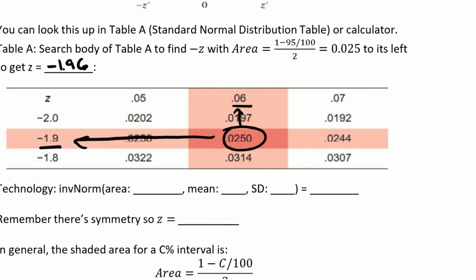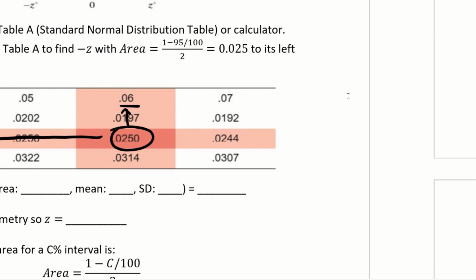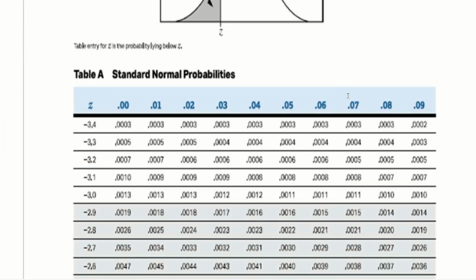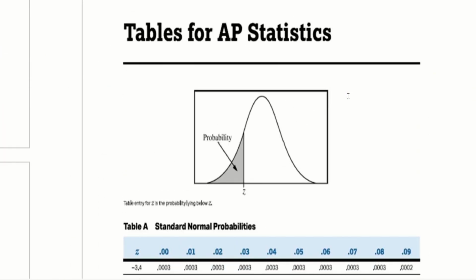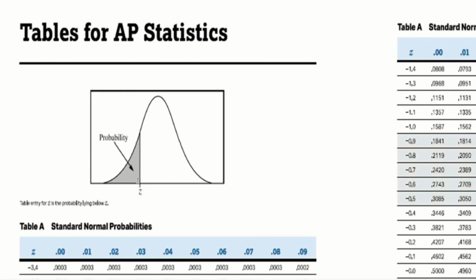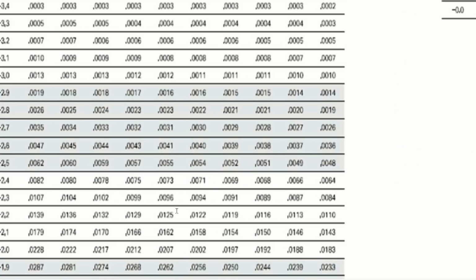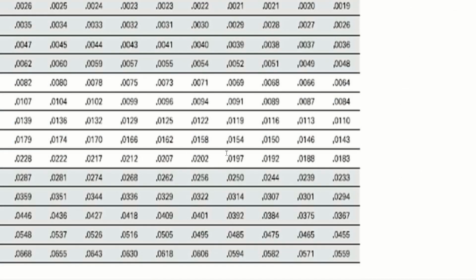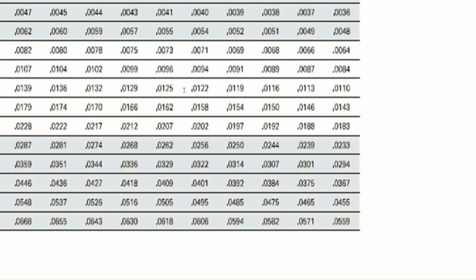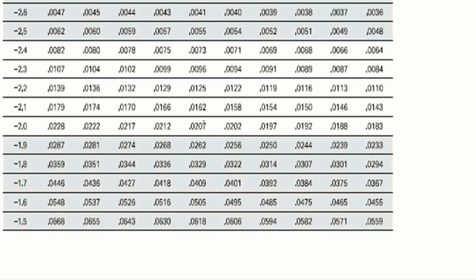Let me show you how this looks in a real z-table. So here's what it would look like on the AP exam. You've got your table for AP Statistics. The table gives you the area to the left. We want the area to the left to be 0.025, so we're going to look up the area 0.025. We want to get as close to it as possible.